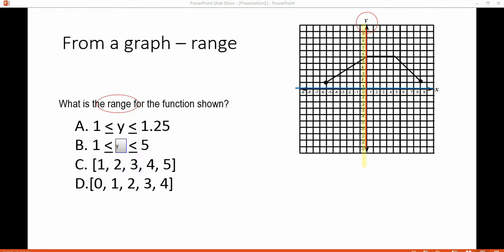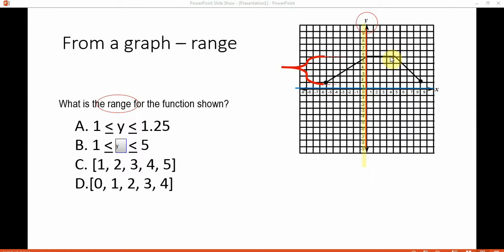I'm going to start at the very lowest point that my function goes to, which is right here. There's no other point that is lower than this point on my function. So I'm going to start there, and I'm going to go up until the very highest point my function goes to, which is right here. I don't have any function that has y coordinates above these points.